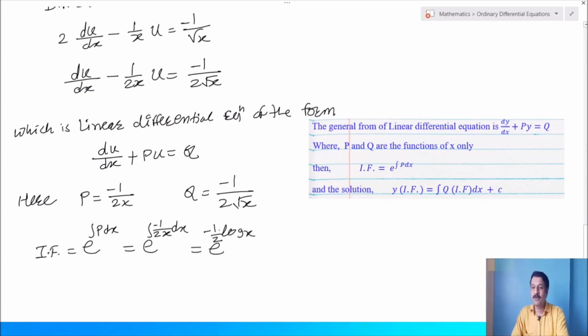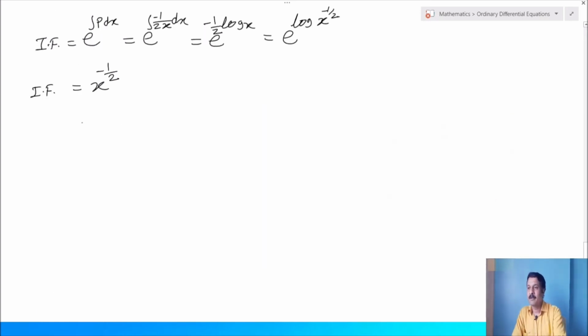By the property of logarithm, this minus half I can take as the power of x, so the same thing I can write as e raised to log of x raised to minus half. Therefore e and log get cancelled, and I am getting the integrating factor x raised to minus half, which is the same as 1 upon root x.